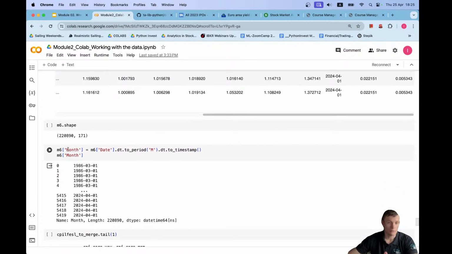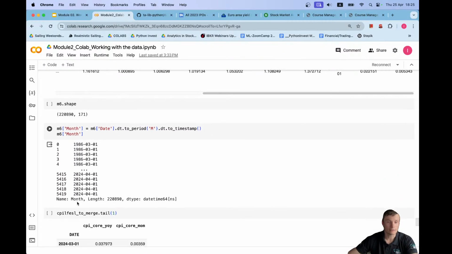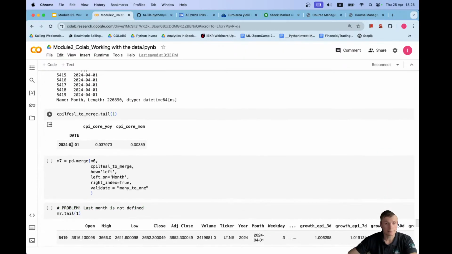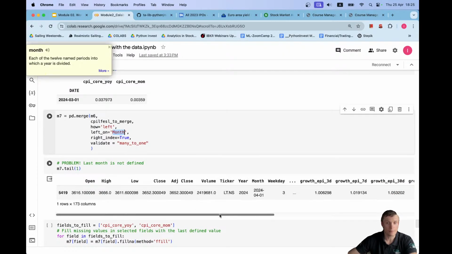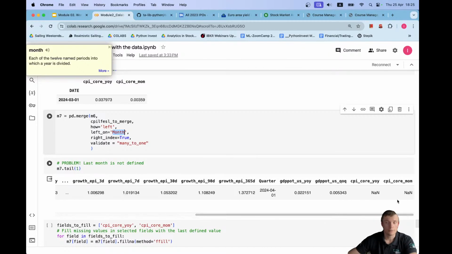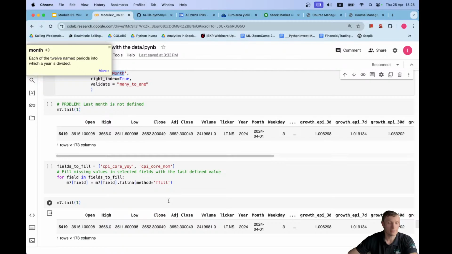Next, we join with the monthly data, and this is CPI data. That's why I'm generating CPI months stats, and I join this time on a field months. So again, we don't have stats defined for the last months, and we need to backfill with the latest available. We will see this in a minute.